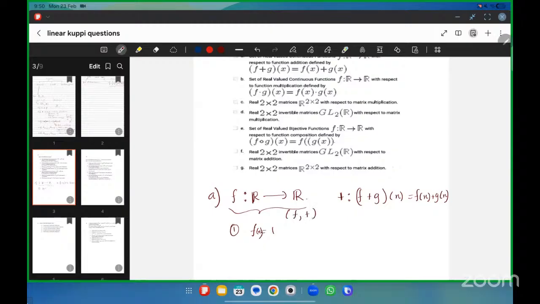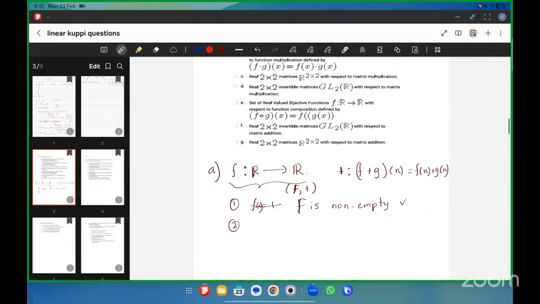So the set F is non-empty. The first condition is satisfied.